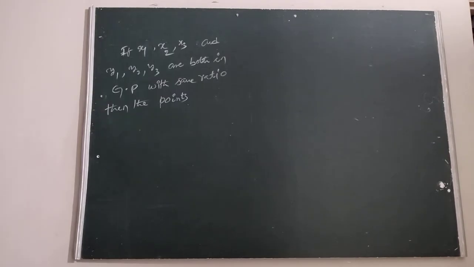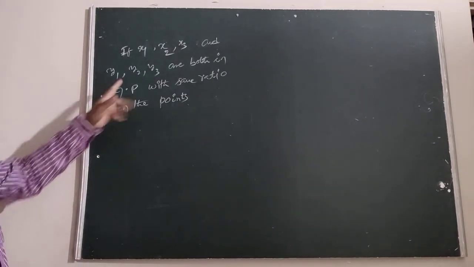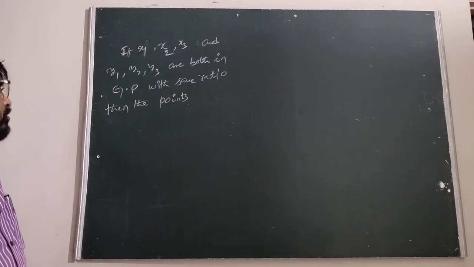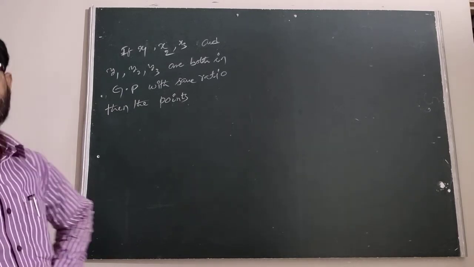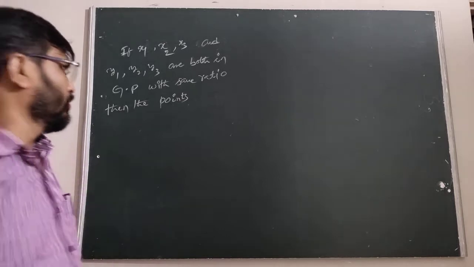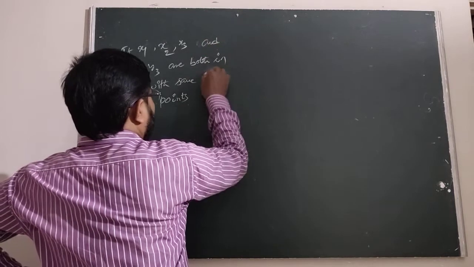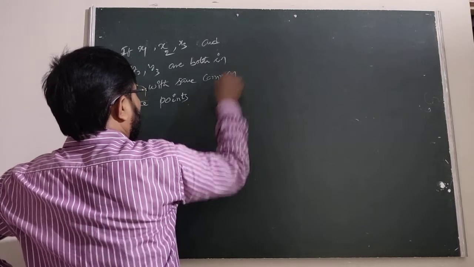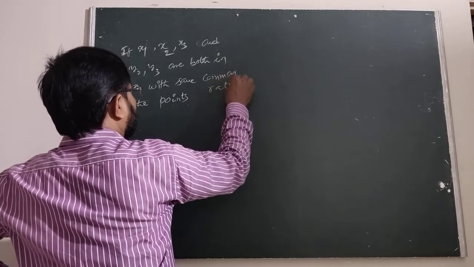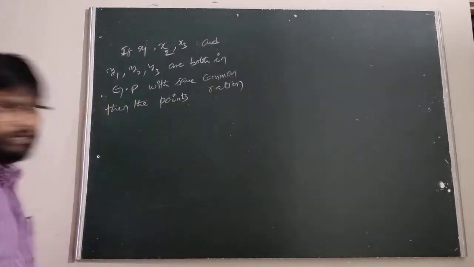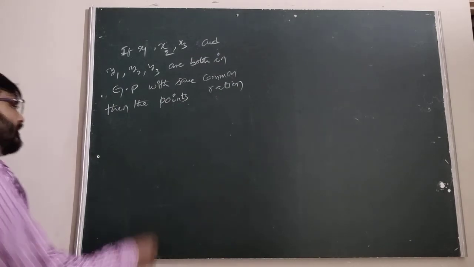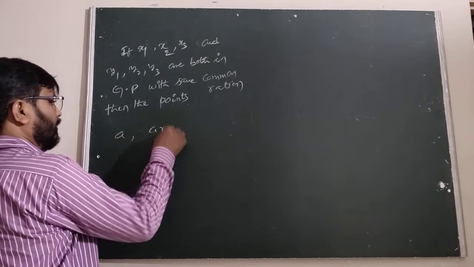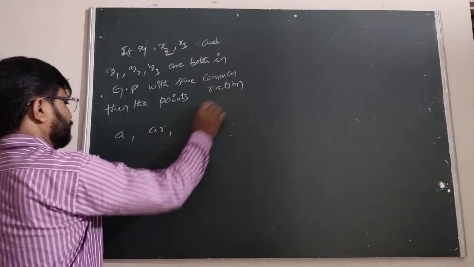If x1, x2, x3 and y1, y2, y3 are both in GP with the same common ratio, then the points... Suppose we take a, ar, ar square.